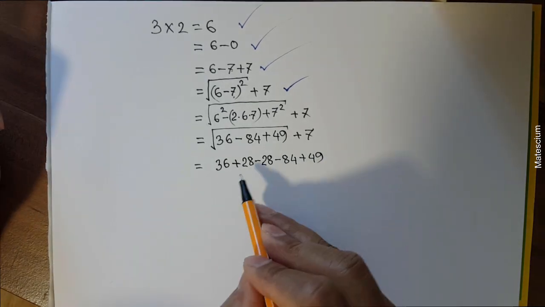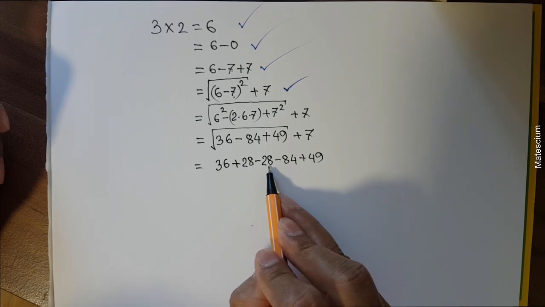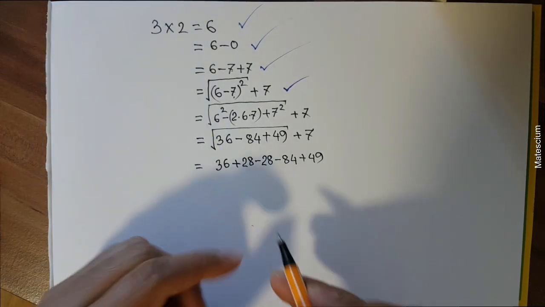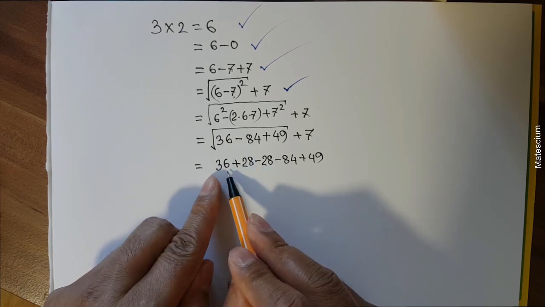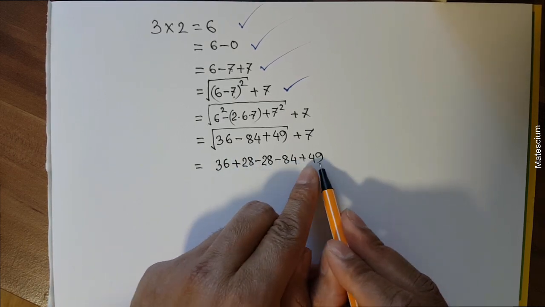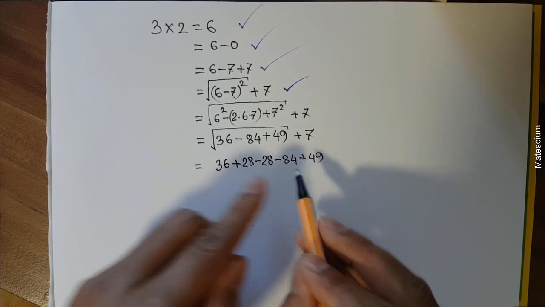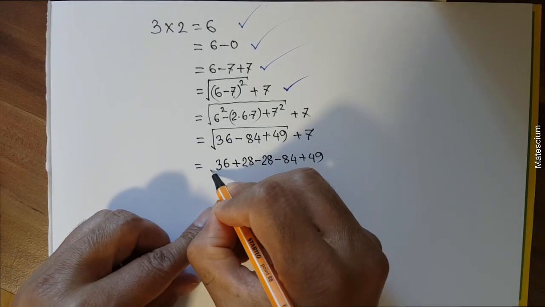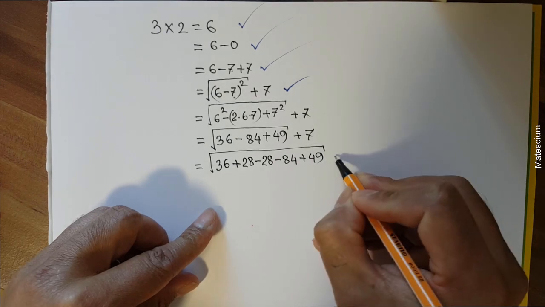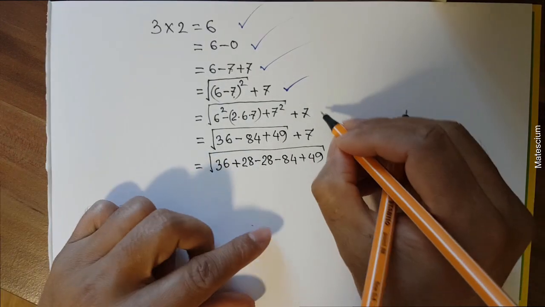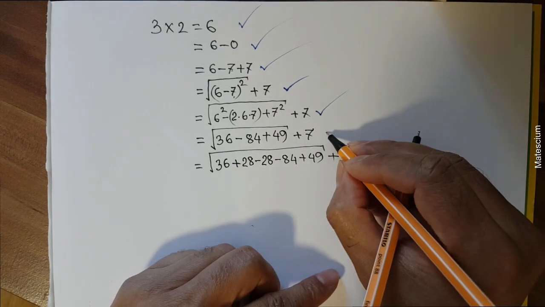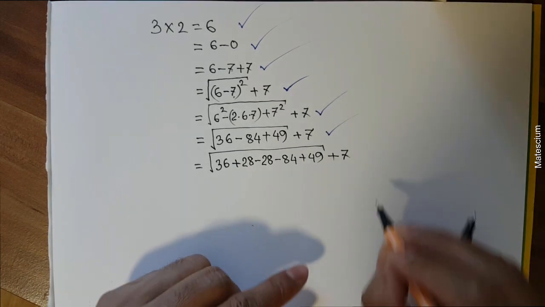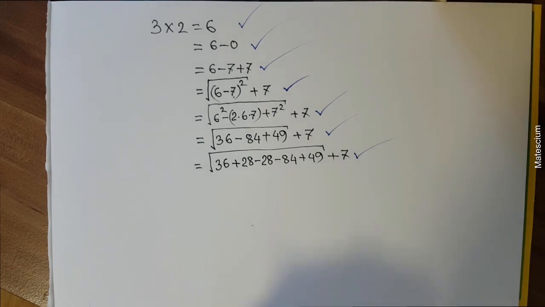I did plus 28 and minus 28 for a technical reason, and this plus 28 and minus 28 cancel each other and what remains is 36 minus 84 plus 49, which is exactly this one with this square root, plus 7. Here I didn't violate any ground rules of mathematics. Here also it is mathematically correct, and that is also correct.